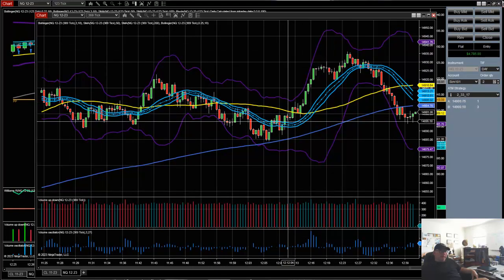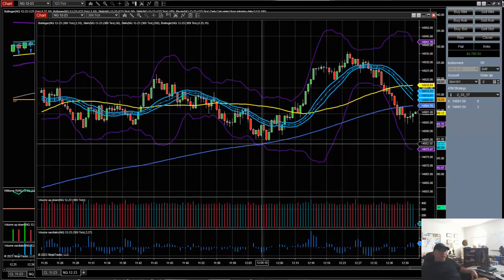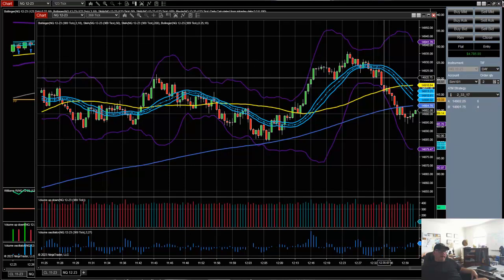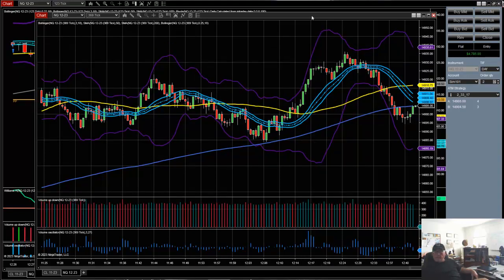See a long setup right in here. See a short right in here. Short in here, which we traded. You're kind of in no man's land now. Plus, let's look at the time.